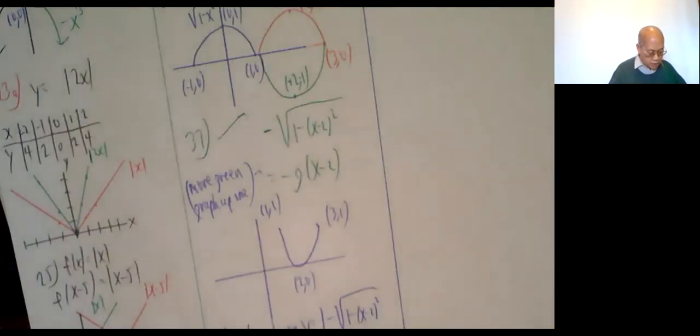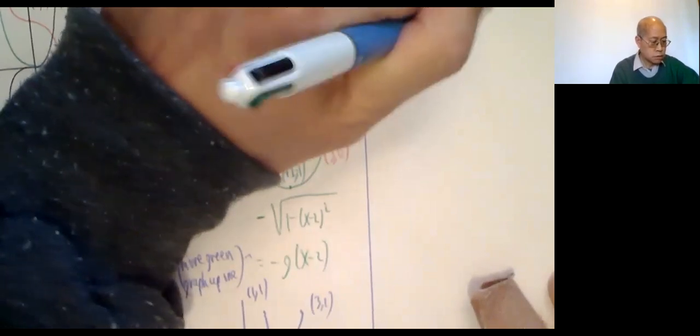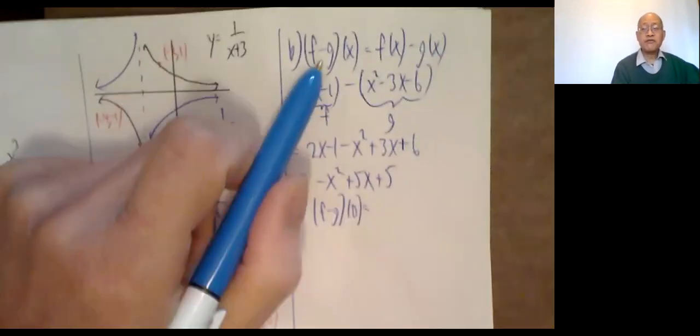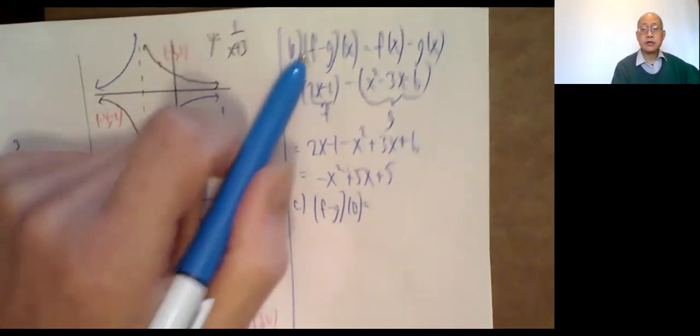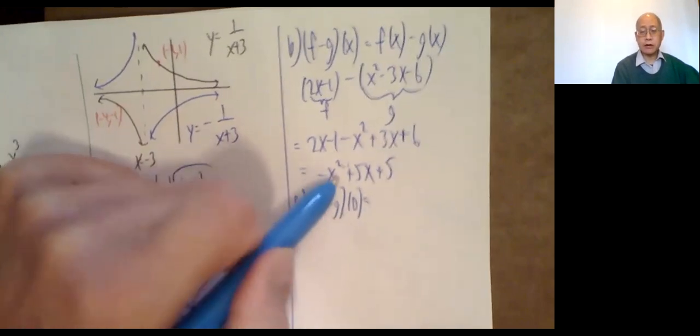And then what do they want for C? F minus g of 0. Okay, now this is f minus g of x, so it's the same function. All I do now is plug in 0 here. I don't start all over.